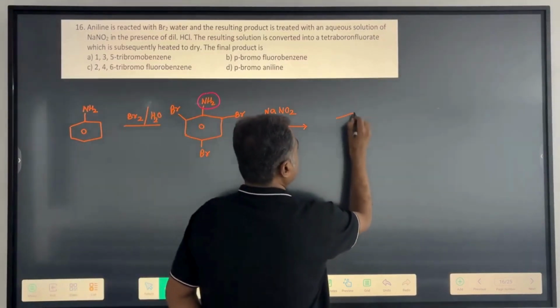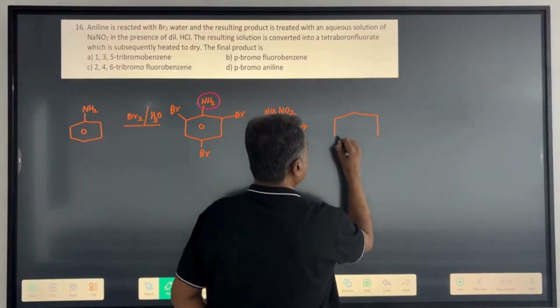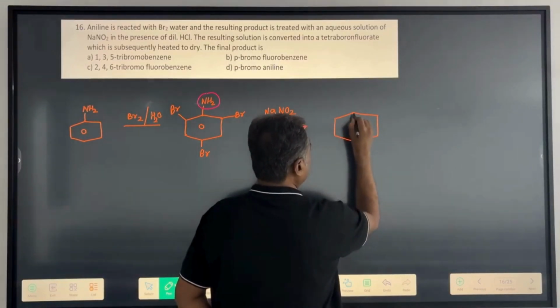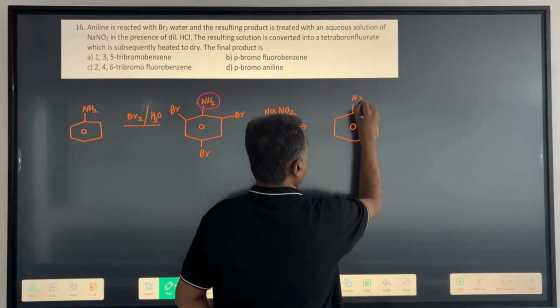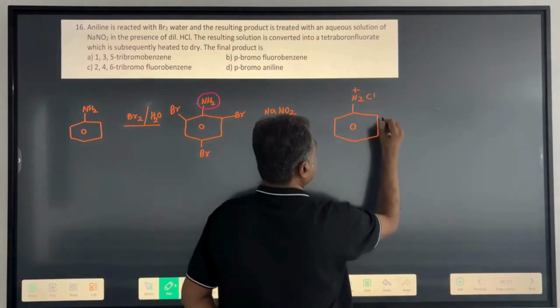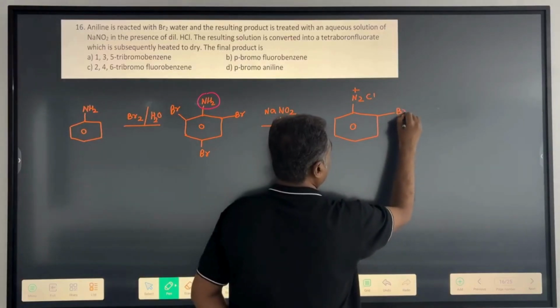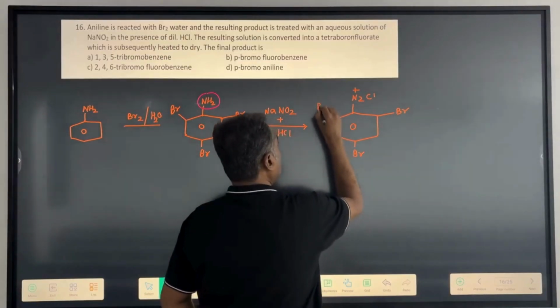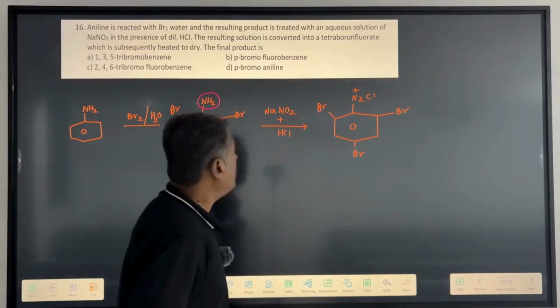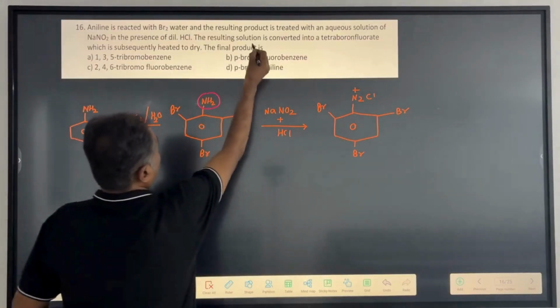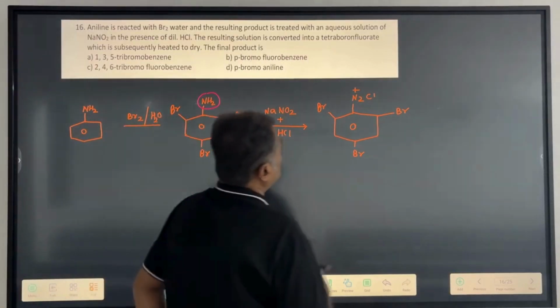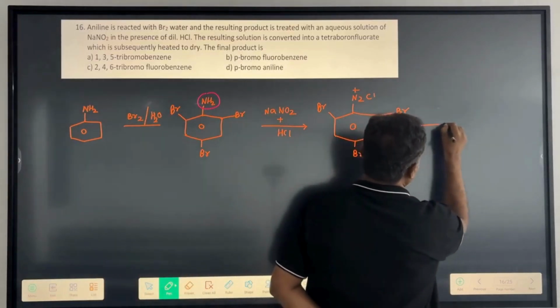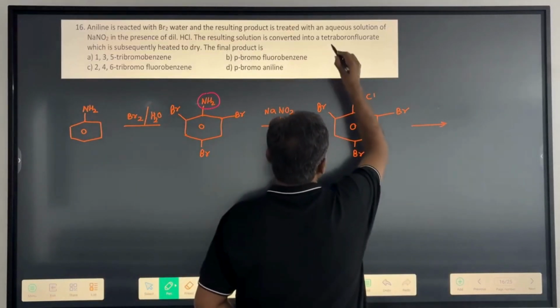So here your answer is going to be a benzene ring containing N2 plus Cl minus. Here you will have one Br group, here one more Br group, here one more Br. Now this resultant solution is converted to, what?